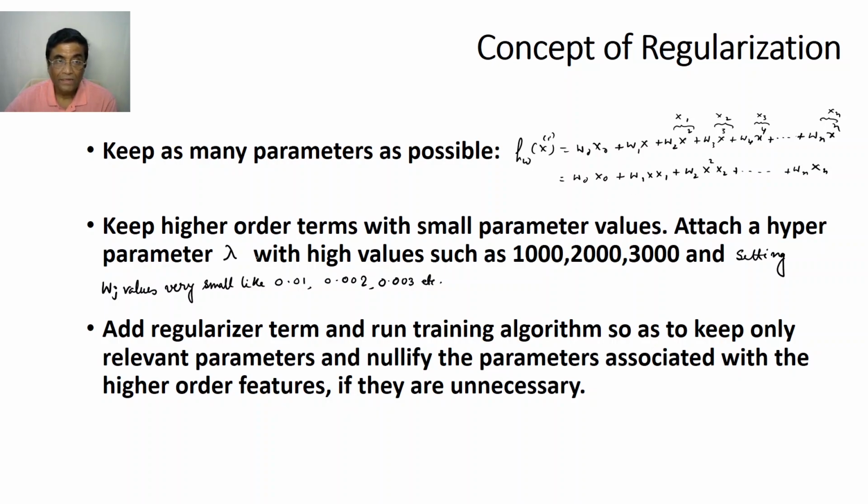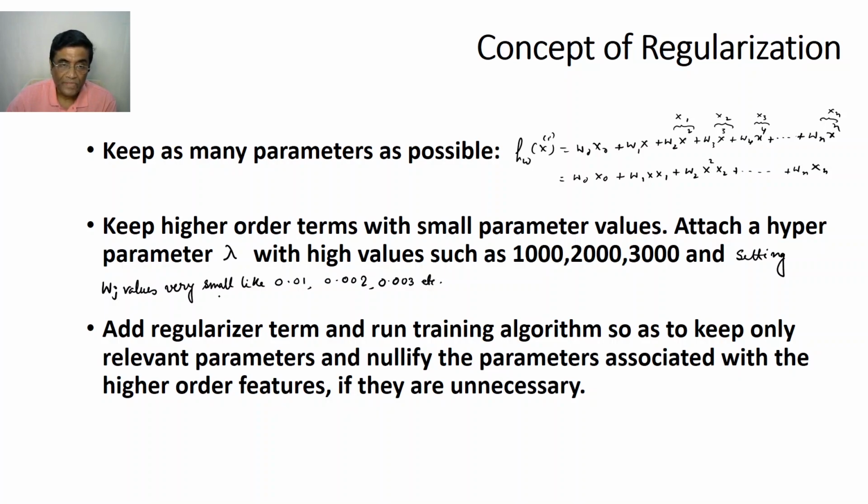Then we regularize by introducing a term lambda, which is a hyperparameter with high values, such as 1000, 2000, 3000, and letting the wj values attached with the higher order terms be very small: 0.01, 0.002, 0.003.